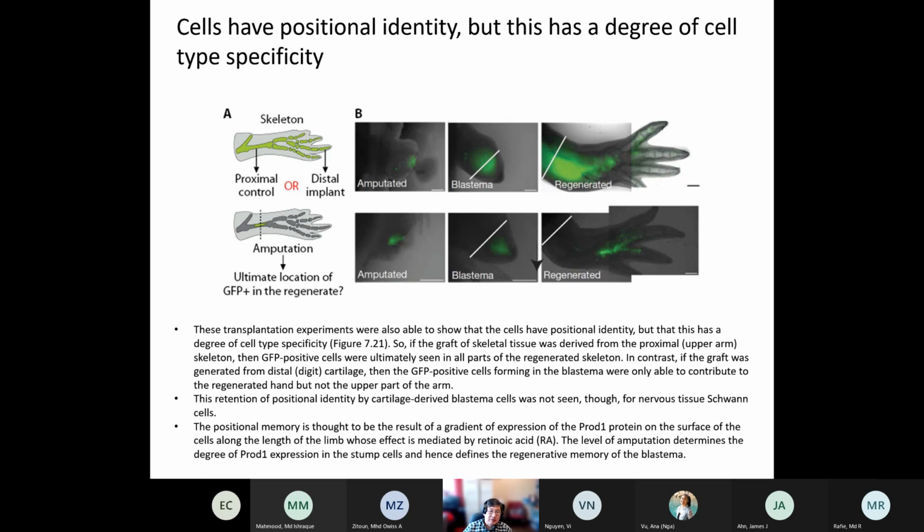You remove this part here, take away the counterpart from the recipient, and put the same bone there. But in another experiment, you remove this piece from the recipient, but what you put in here is not the counterpart from the donor, but the distal fingertip put into this same region.